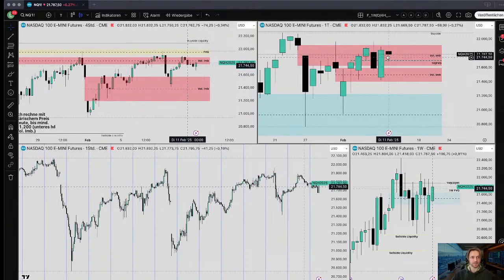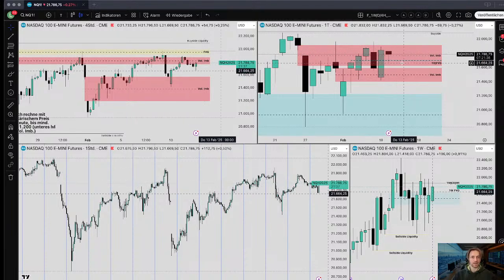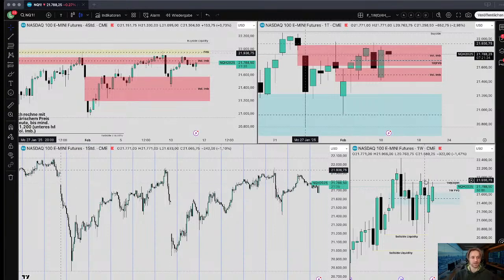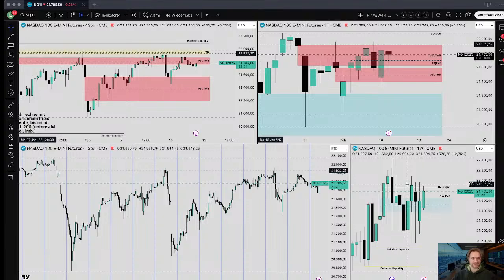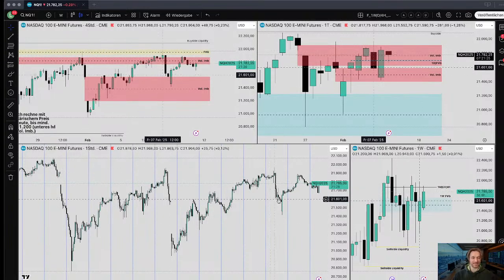The whole candle of daily looks pretty nice. Weekly is a mess, it's just in a range for weeks. It's really crazy.